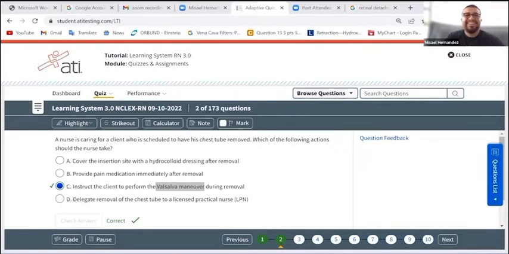Right. So this is important, you need to understand this whole concept. Whenever you have a patient, if I'm your patient, I have a chest tube drainage system inside of my chest, you're going to be removing it. While you're removing it, you tell me, do the Valsalva's maneuver. How do we do that? We bear down. We got that, right, sir?